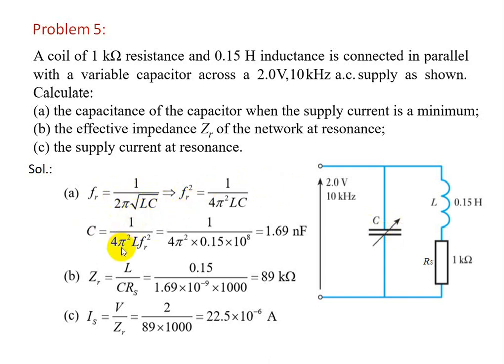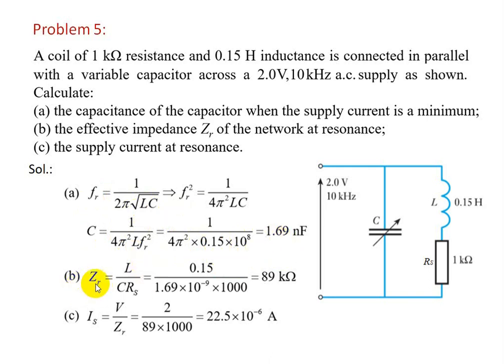C will be 1 by 4 pi square L FR whole square. Now all the values are known. L is 0.15 Henry and FR is 10 kilohertz. So substitute all the values, and you will get C as 1.69 nanofarad.